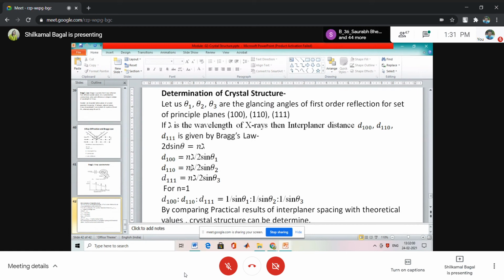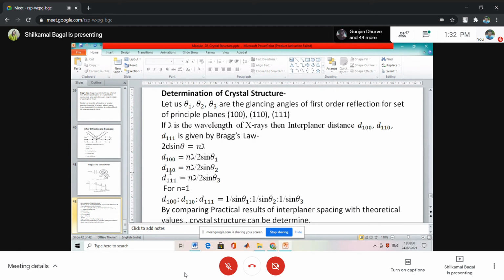So D will be n lambda upon 2 sin theta. For the first set of planes 100, the glancing angle is theta 1, so D100 will become n lambda upon 2 sin theta 1.